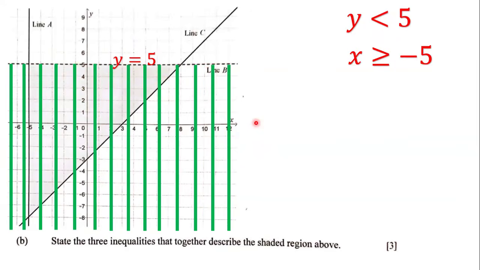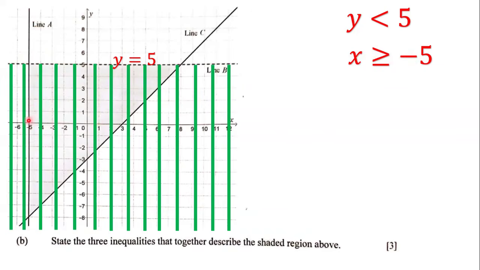Next, we have to shade the region x is greater than or equal to -5. So this is the line x is equal to -5, line A. Now, are we going to shade to the left of line A or to the right of line A? And remember, it says x is greater than or equal to -5. Where are the numbers that are greater than -5?